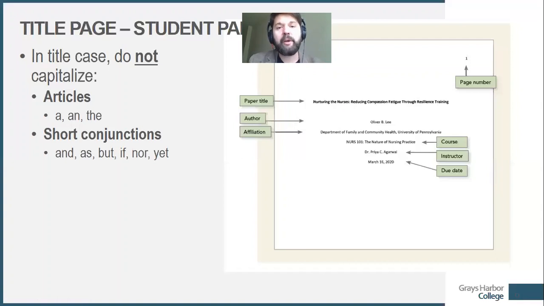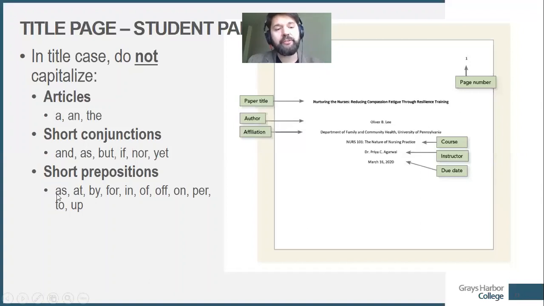Short conjunctions, and by short, it refers to 3 letters or fewer in a word. Conjunctions could be coordinating conjunctions like the FANBOYS: for, and, nor, but, or, yet, so. It could also be subordinating conjunctions, words like if, when, as, since, because. So if any of those conjunctions are 3 or 2 letters long, it's not going to be capitalized.